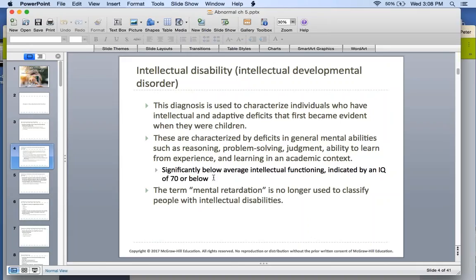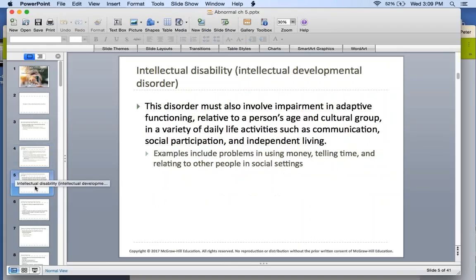Okay, 70 or below. Somebody who is right above 70, maybe within the 85 to 70 range, is going to be considered borderline intellectual functioning. And that's actually a diagnosis that we do use, borderline intellectual functioning. But 70 or below, we are going to diagnose this person with an intellectual disability.